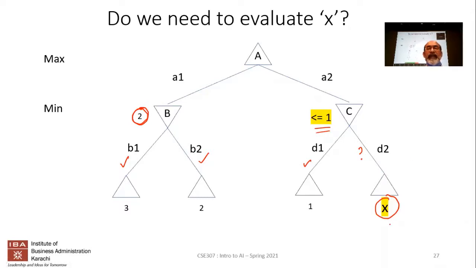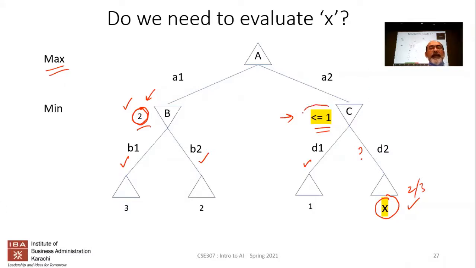Why not? Because if X, let's say, is less than 1, then Max has already found a solution. It's going to pick the bigger of the two. So it's already got 2. Okay. So if X is less than 1, it's again irrelevant. If X is greater than 1, then what's going to happen? If X is 2 or 3 or so on, the min is actually going to choose the smaller of the two, and it's going to choose 1.